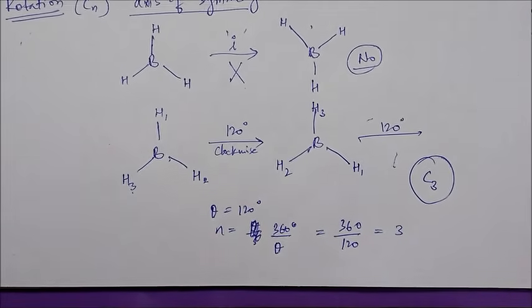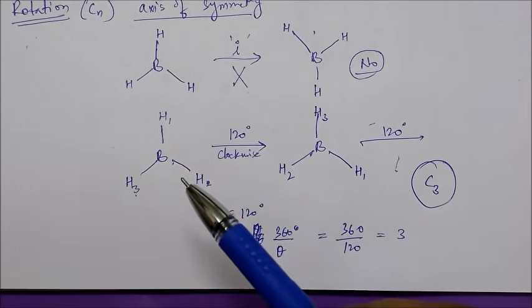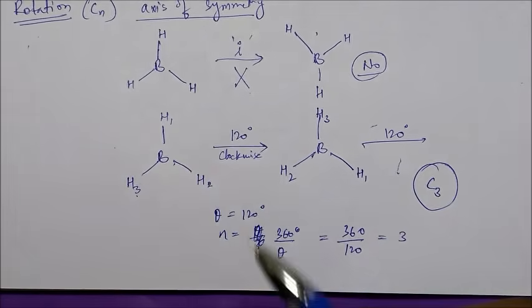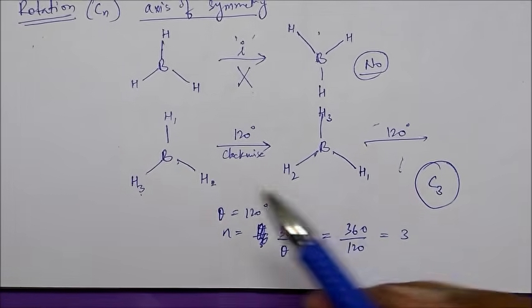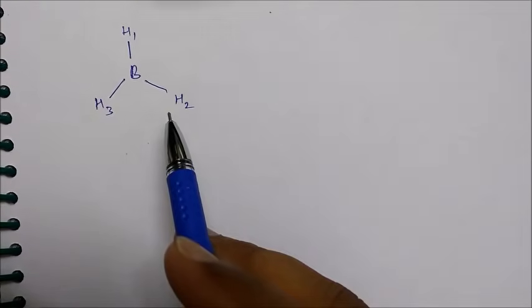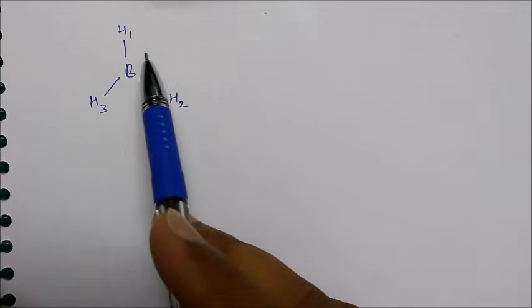Now one more axis is there, and I will tell you how. If I ask you, is there any other axis about which we can rotate the molecule and get an indistinguishable thing, how will we check that? We have this molecule which is just like your fan.